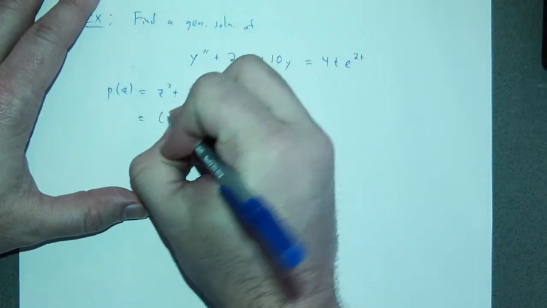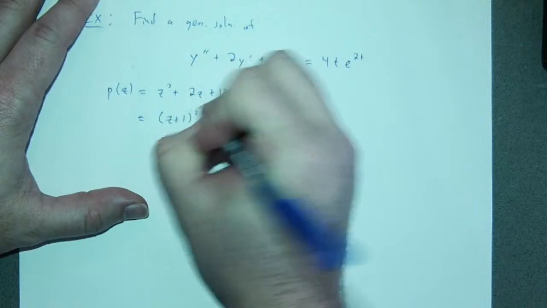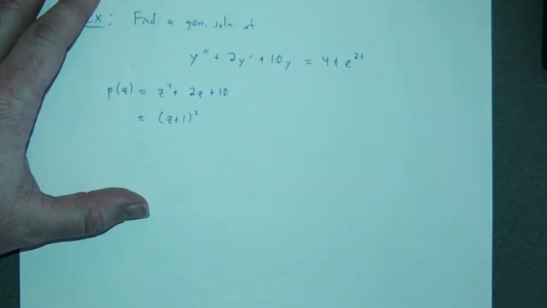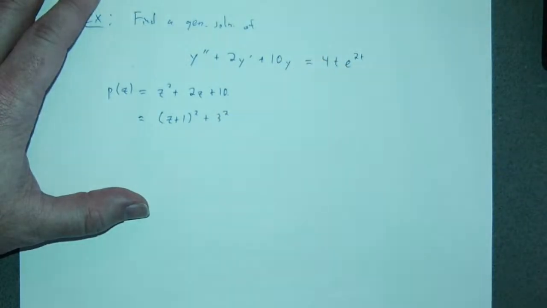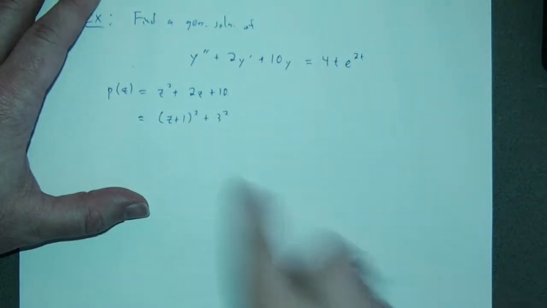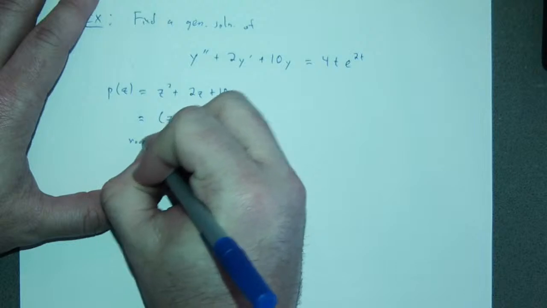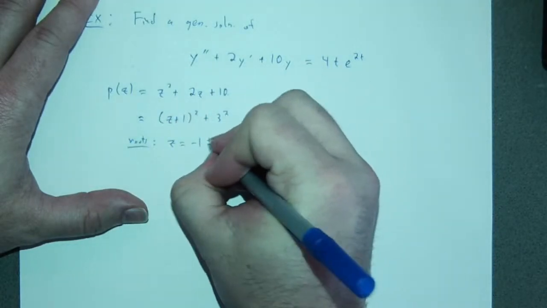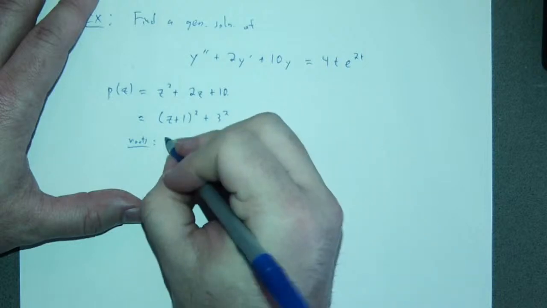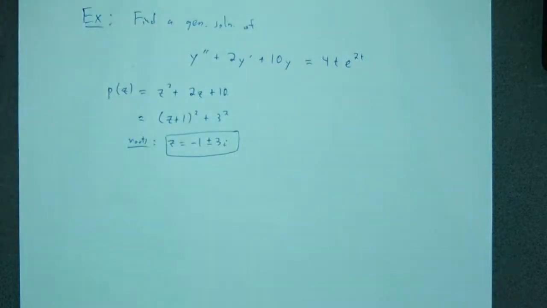But we notice that this is just z plus 1 squared plus 9, or plus 3 squared. And so this tells me that the roots are z equals minus 1 plus or minus 3i. Okay, so there's my roots.